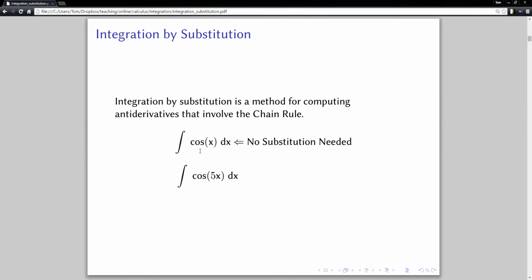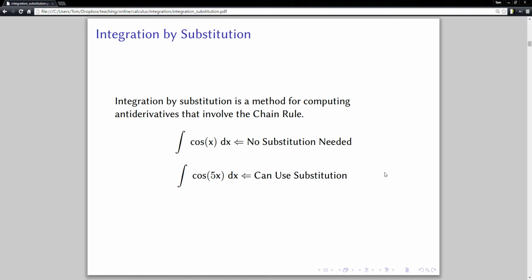Next up is a slightly different function. Right here we have cosine of 5x. The only difference is that there's a 5 right inside the cosine. On this one, you might want to use substitution. Although in terms of integrals you can use substitution on, this one is not that complicated.